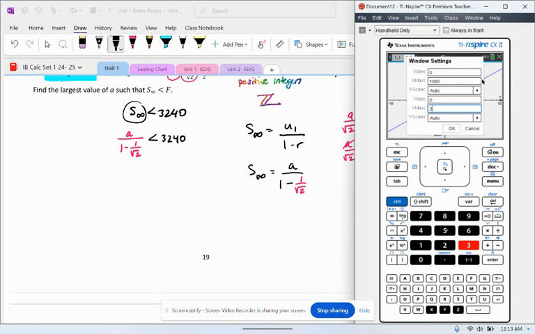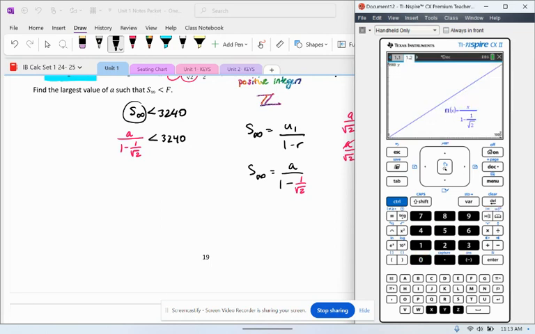So let's go up to maybe 3,500, okay? We're going to add that 3,240, and we're going to see where they cross right there. All right, and it's 949.